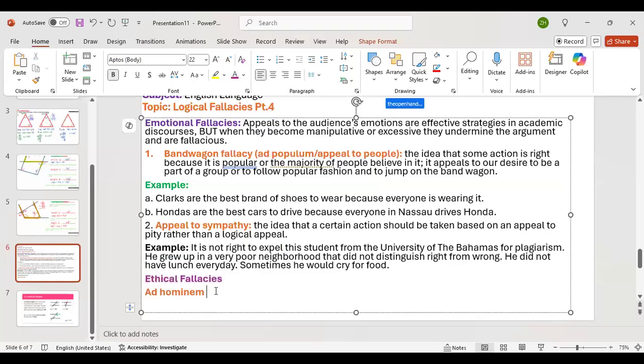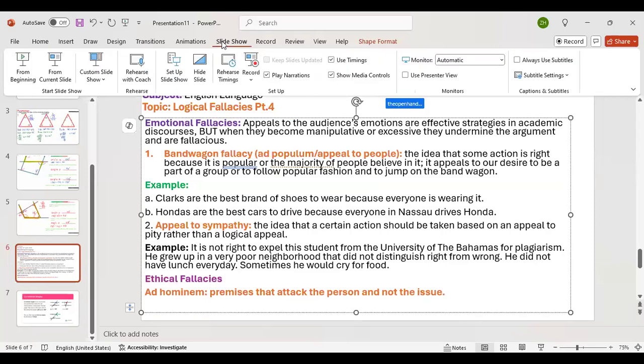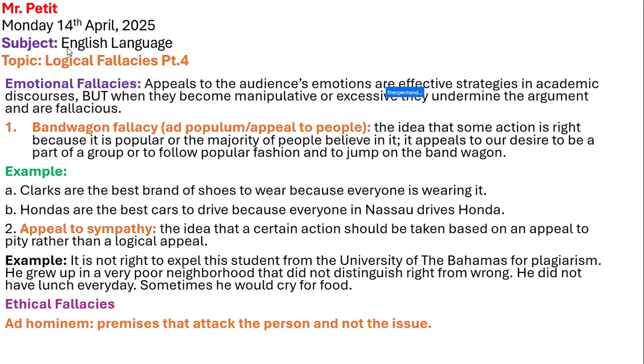Like at this point, you are actually outrageous. You are out of line. Okay. So it has premises that attack the person and not the issue. So you know, like when you're in a debate with someone, and because they can't debate your argument, they say, carry your big head, or carry your fat self, or carry your small self.